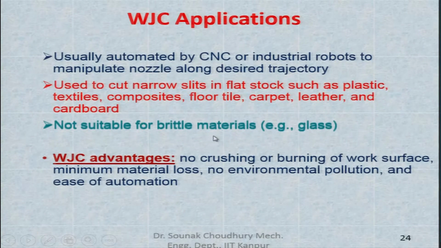It is not suitable for brittle materials, for example glass, because the glass will break and the fracture will propagate, so it will not be cut with proper accuracy and cannot be used for glass.